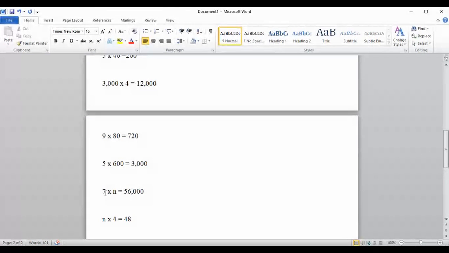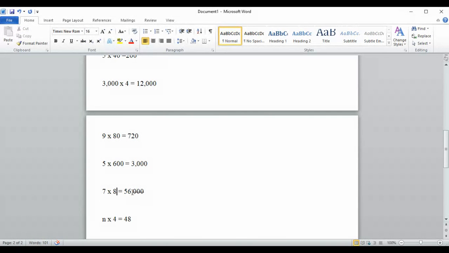So let's look at this one. 7 times n equals 56,000. Well, I hope this 56 paired with this 7 looks somewhat familiar. For right now, I'm going to cover those zeros. I'm going to pretend like I'm covering them with my finger. You can do that on your worksheet. 7 times what is going to give me 56? 7 times 8.